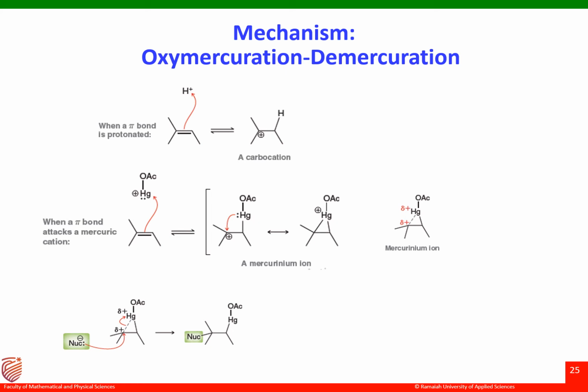When the nucleophile is present, the nucleophile is going to attack at that particular carbon. At the same time, the bond to mercury, which is not a true bond, will be broken, leading to the introduction of the nucleophile. This is oxymercuration, where a nucleophile is added across the double bond.